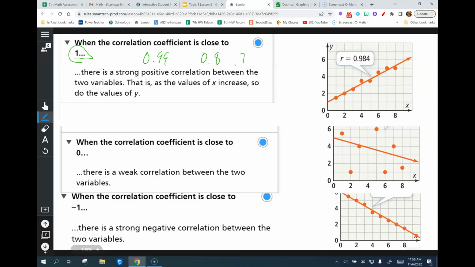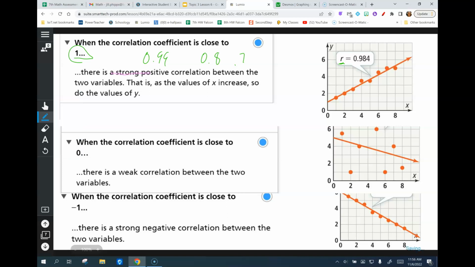So notice there's a strong positive correlation between the two variables. As the x value increases, so does the y value. So right here it's saying R, the correlation coefficient, is 0.984. So that's really close. And what that means, this is what you need to write down: there is a strong positive correlation.